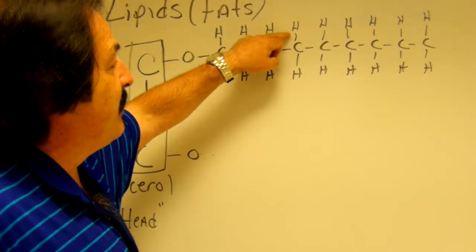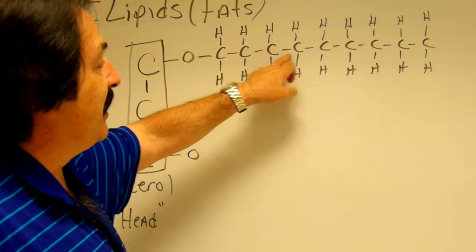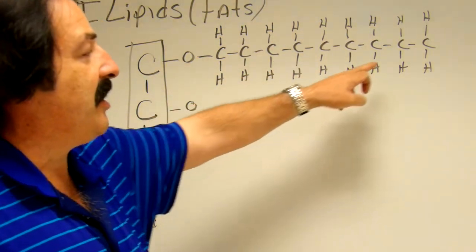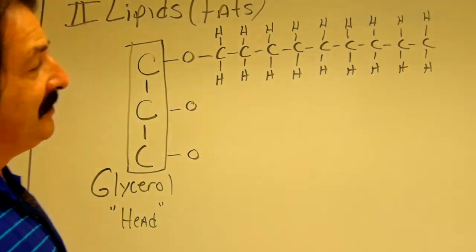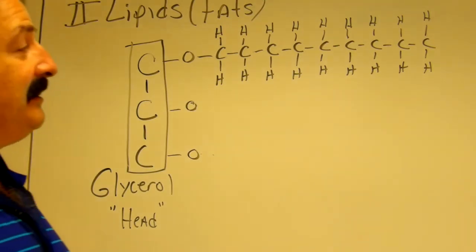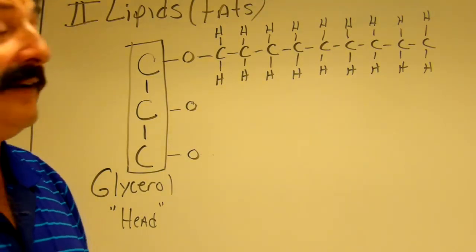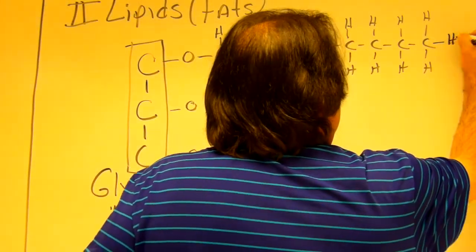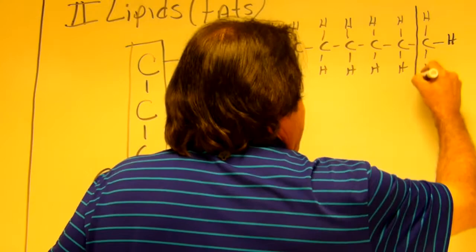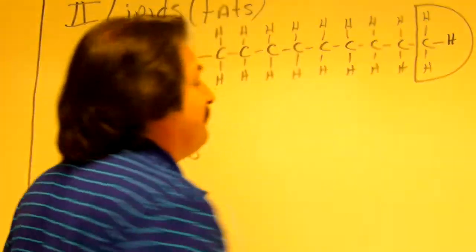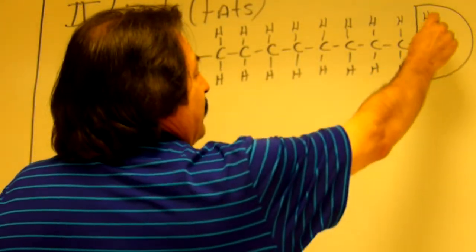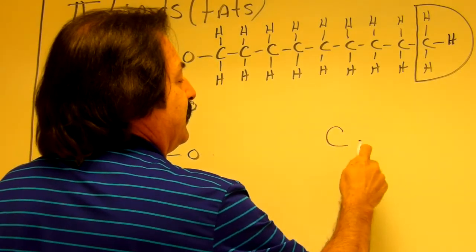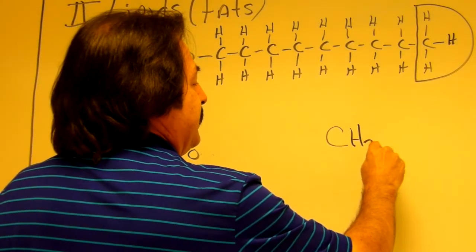There has to be something bound at the top, one at the bottom, to the left and to the right. Notice that our problem is at the end. We are missing what? That's right, we're missing a hydrogen. Let me identify that by signaling it out. 1 carbon, 3 hydrogens.